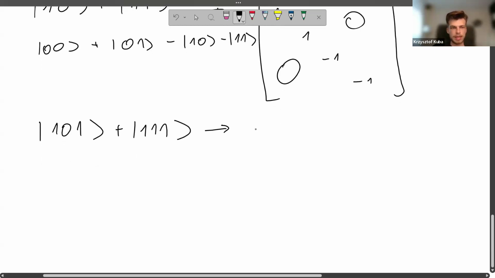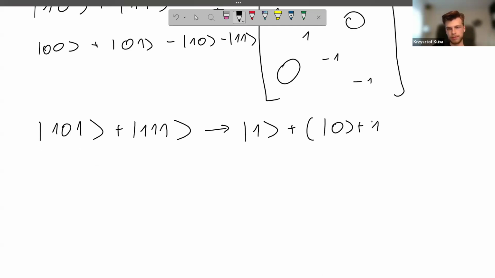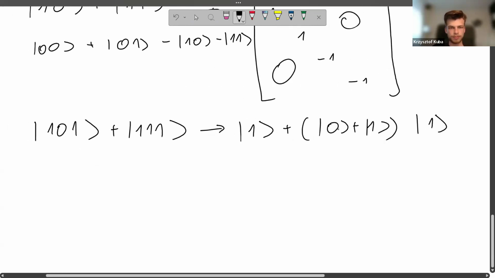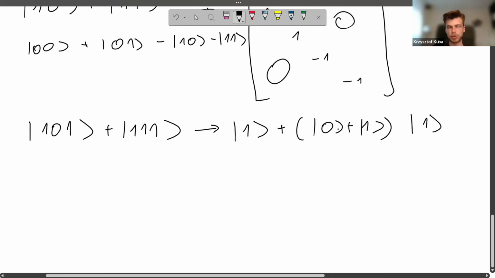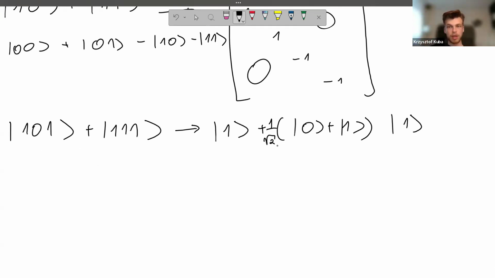So we will say that this is a vector 1 plus superposition of 0 plus 1 and also a 1. Do you agree with me? I think so, you should. There's maybe also this 1 over square root of 2 here, but nevertheless.